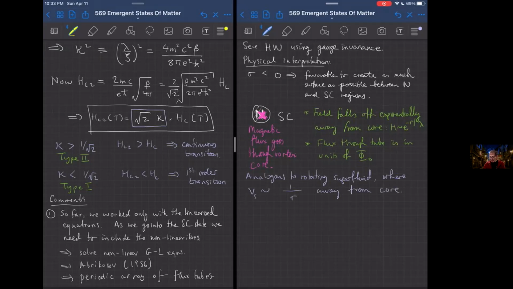In the superconductor, the magnetic field decays exponentially away, and that difference between the power law decay and the exponential decay is because one of them has a gauge symmetry and the other one does not.